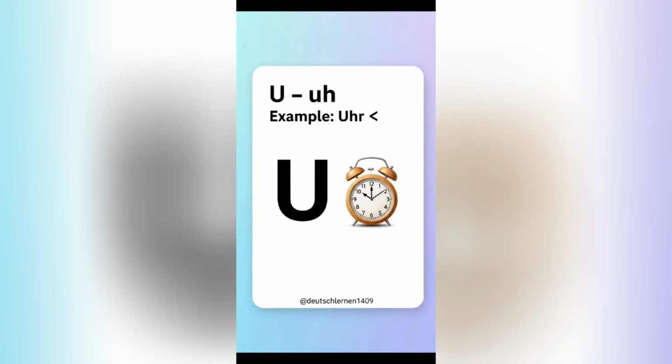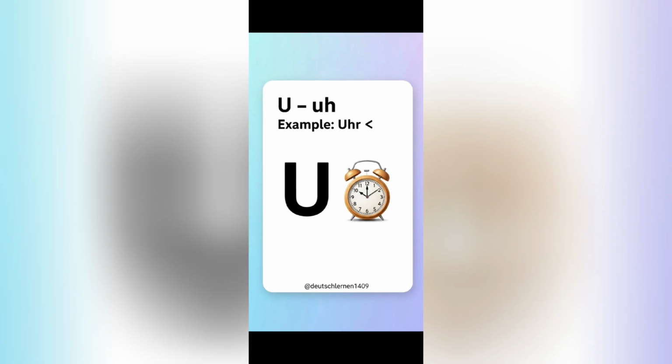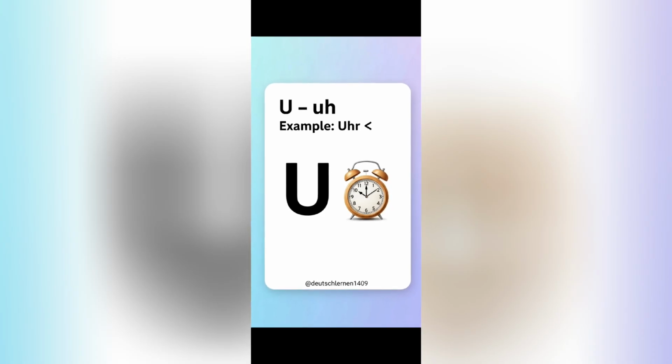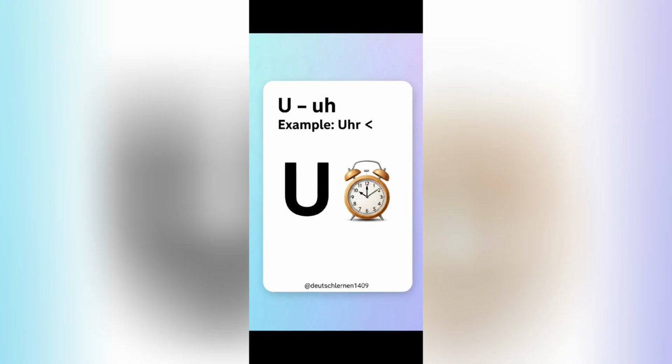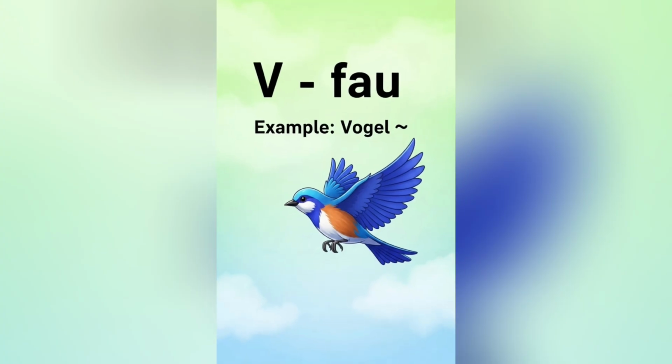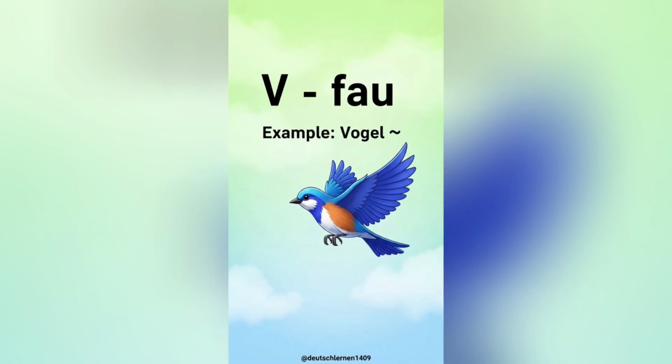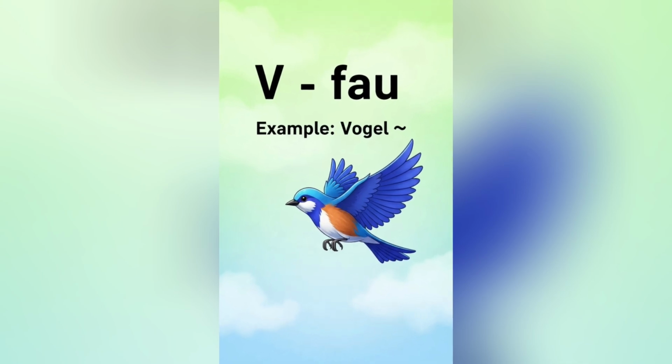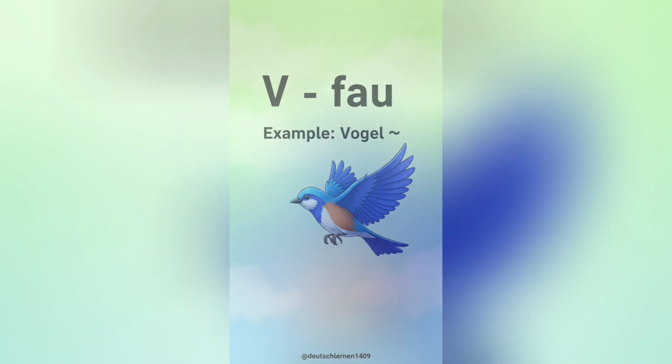In German, U is pronounced as U, a short U. For example, Uhr, meaning clock. Remember that it is pronounced as a short U. The letter V is pronounced as V. In many words, it sounds like F. For example, Vogel, that means bird.